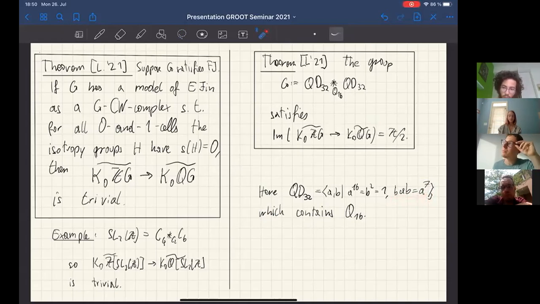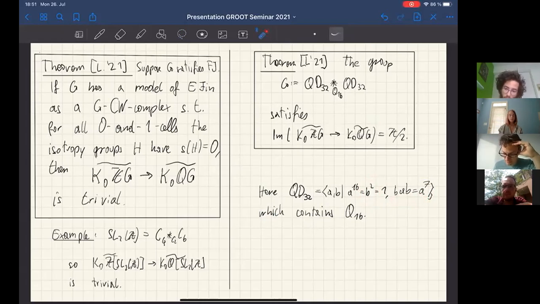Wait, no, that's not quite true. So for the dihedral group, it would be A to the 15, and for the quaternionic group, you would have that B to the 4 is equal to 1, not B squared equal to 1. And this is A to the 7 instead of A to the 15.